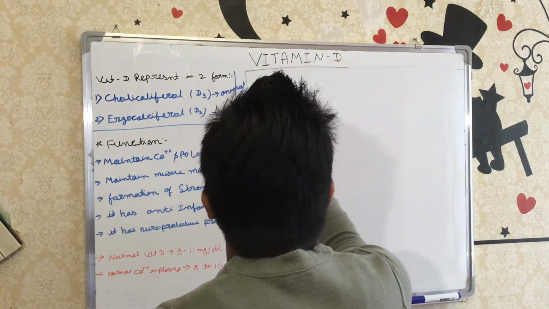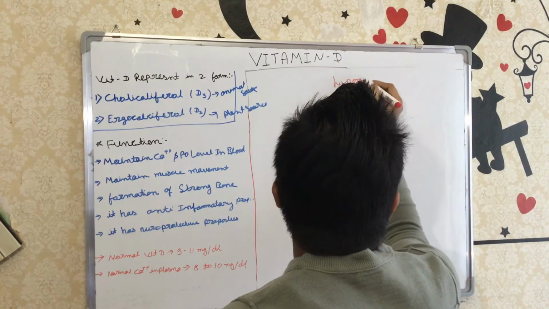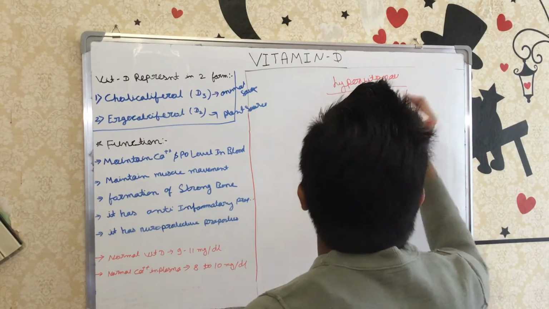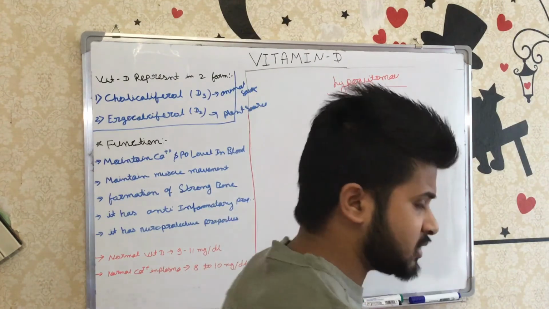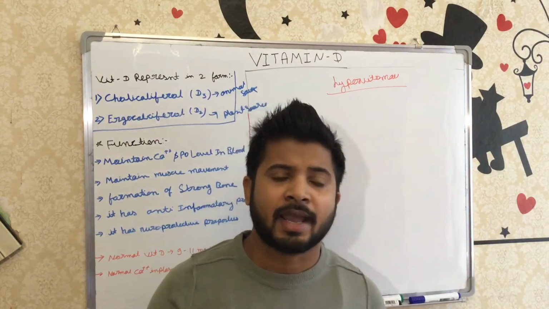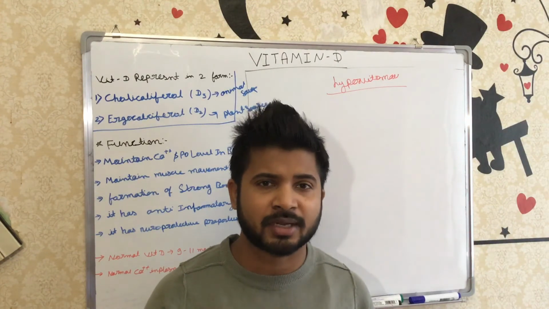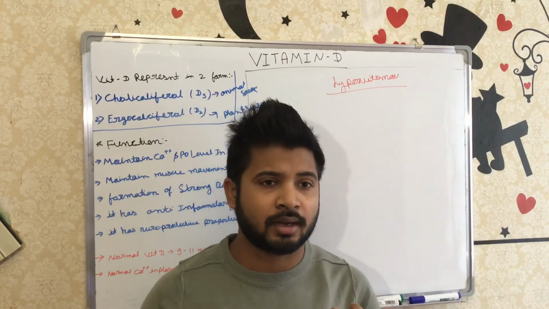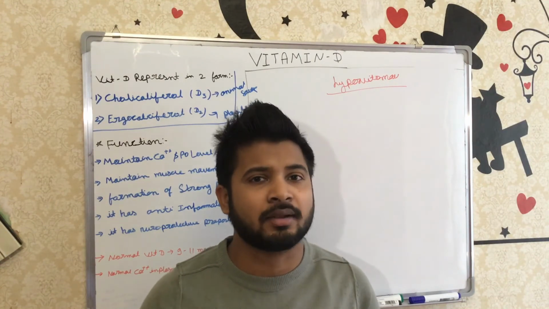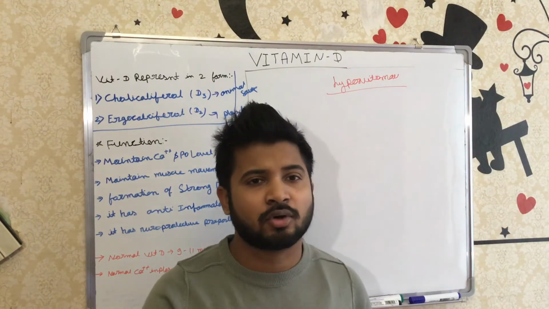Now we'll discuss hypervitaminosis, the toxic hypervitaminosis. First, vitamin D deficiency can also occur in those persons who have liver disease. This is a fat soluble vitamin, and if bile is not secreted in an appropriate amount, it will not be absorbed, because emulsification of the fat needs bile.